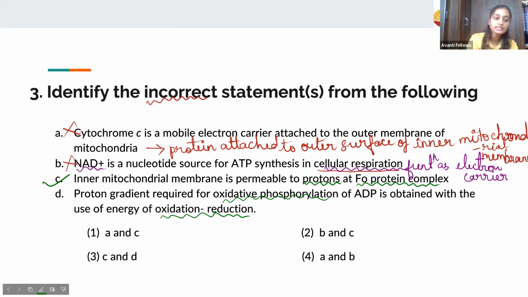Again, this statement is also correct. So the wrong statements are A and B. So the correct option is option number 4, where A and B are the wrong statements. Yes. So we'll see the next question.